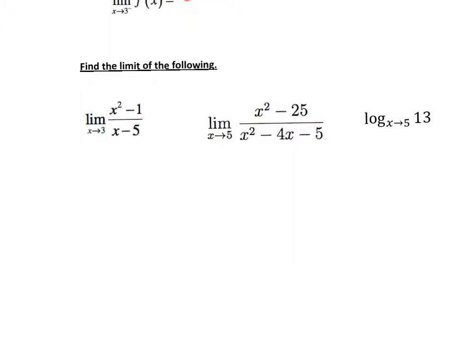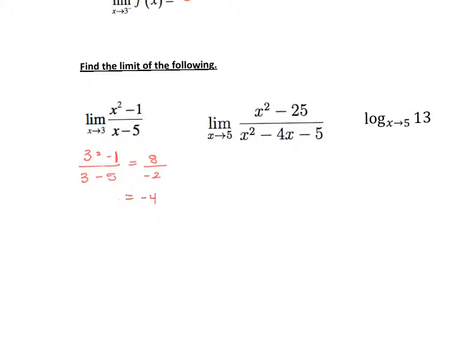So here, we can plug in 3. We get 3 squared minus 1 over 3 minus 5, that's 8 over -2, which is -4. Okay, no problems there. That's continuous. That's the limit.